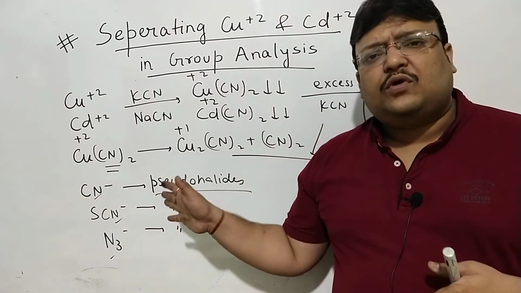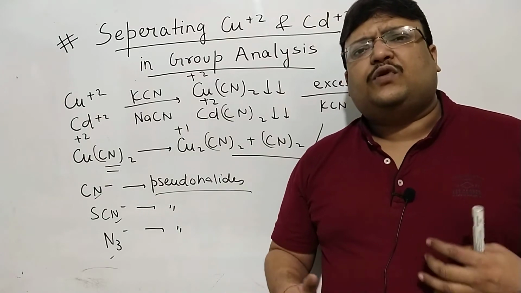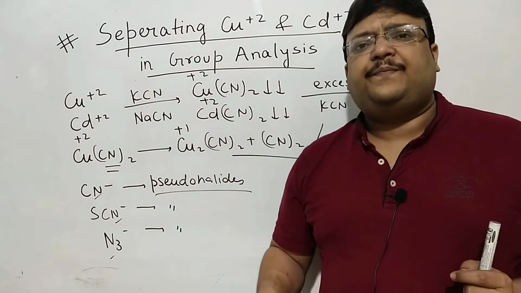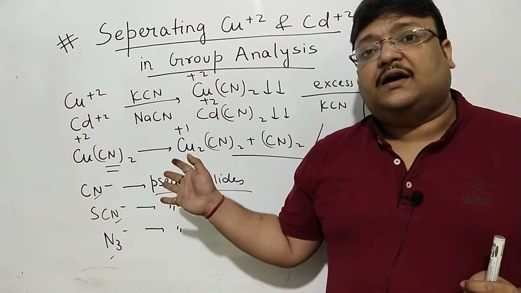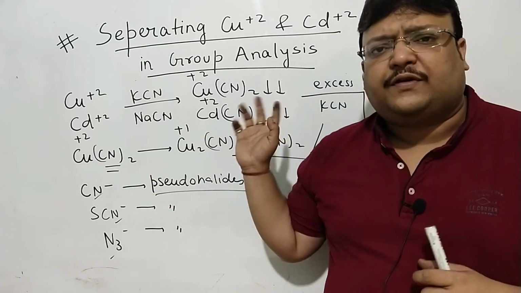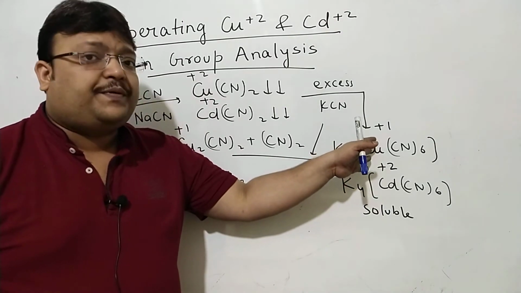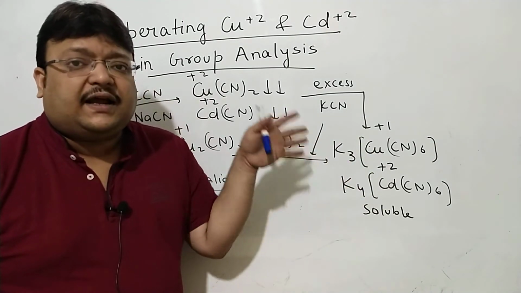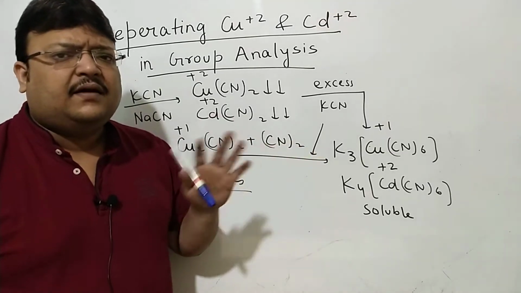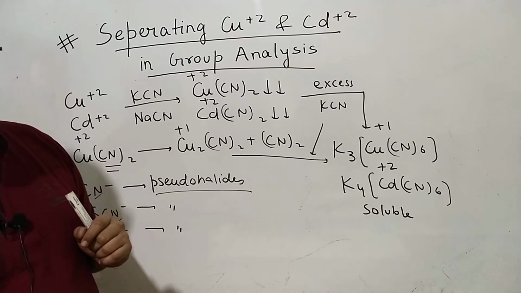So cyanide is a pseudohalide. I can always talk about a few reactions where cyanide will act as a halide, like it acts as a cupric halide here. Cupric becomes cuprous of its own, and the complex formed is a cuprous compound. Now because it's cuprous, it does not precipitate as cupric on adding H2S, only cadmium precipitates, and the two are separated.